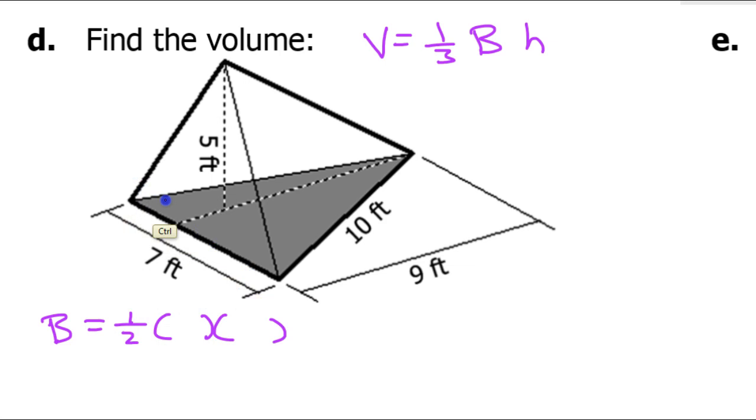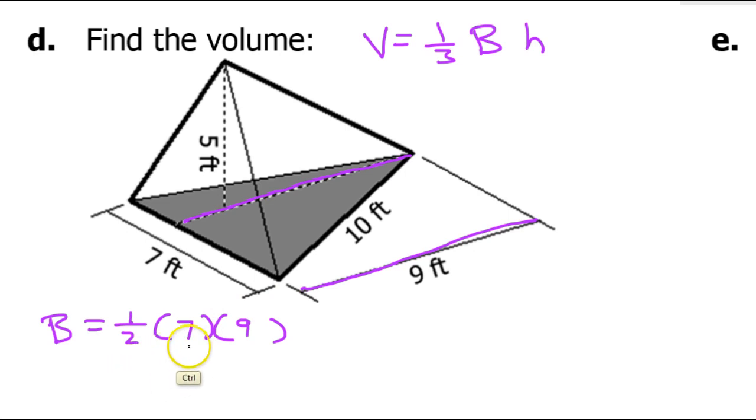The base of this triangle is 7. The height of the triangle is not given to us. Oh, here it is over here. Phew. I was like, how am I going to get that? This height right here is given off to the side. The height is 9.